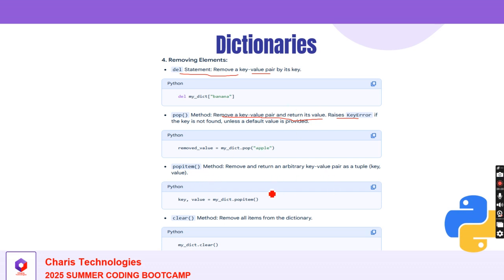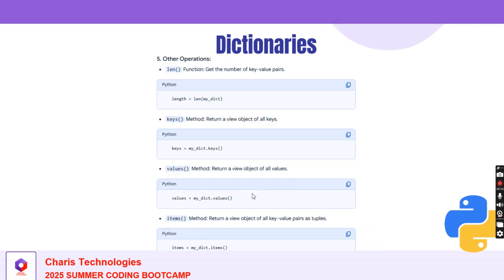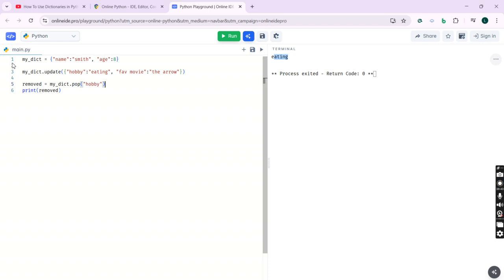Okay. Then you can also clear a dictionary. You can clear a dictionary too. So you can use len to get the number of key value pairs you have. For instance, if at this point we have updated it, let's see how many we have now.